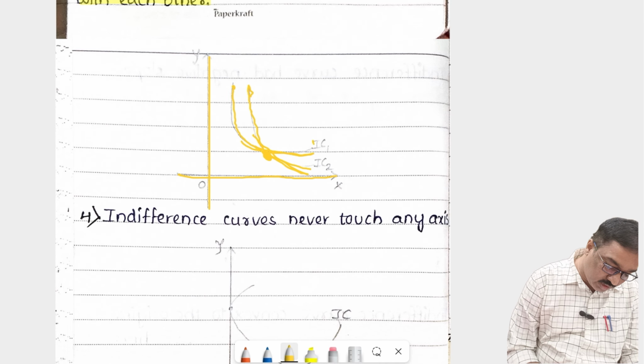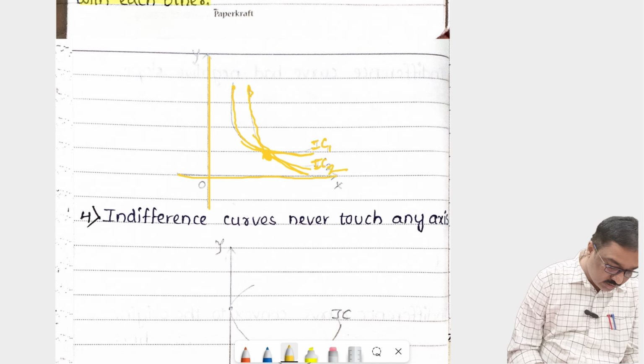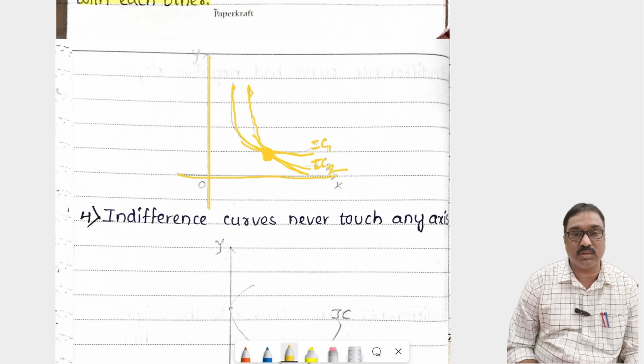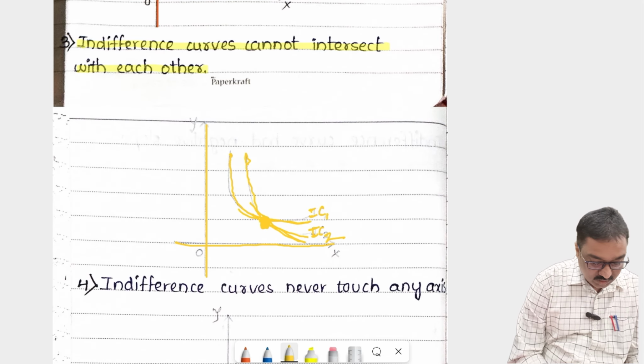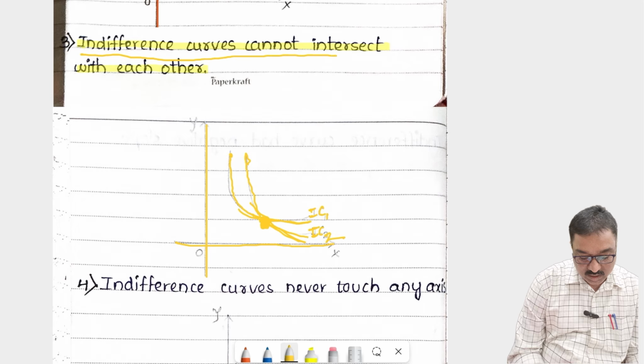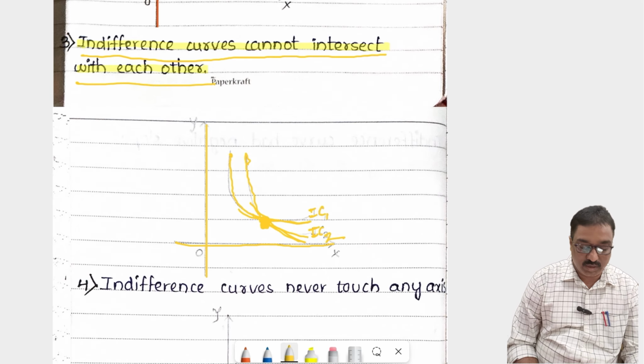This is IC1, this is IC2. Indifference curves cannot intersect with each other. That is one property of the indifference curve.